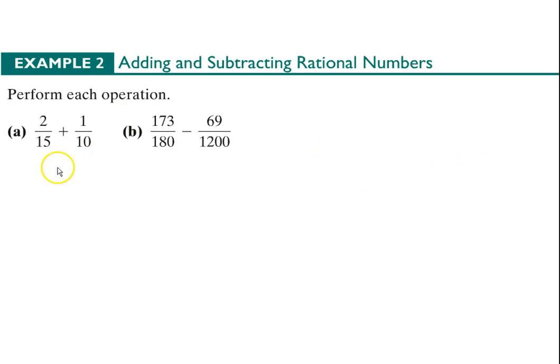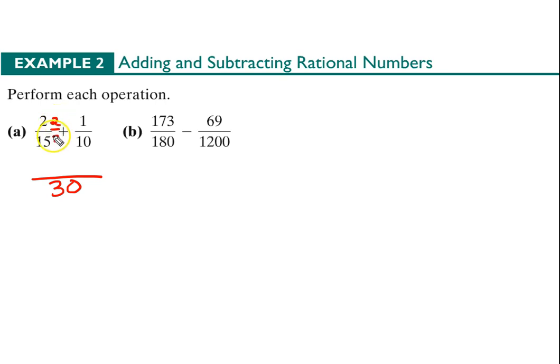Now, for this one, what's our common denominator going to be? If you said 30, you hit it right on the nail there. So we have to multiply this by 2 over 2.